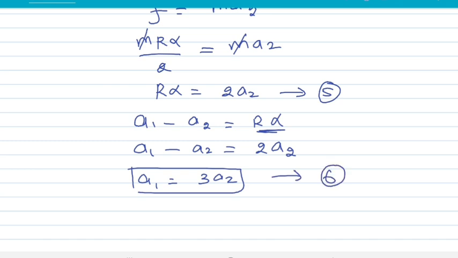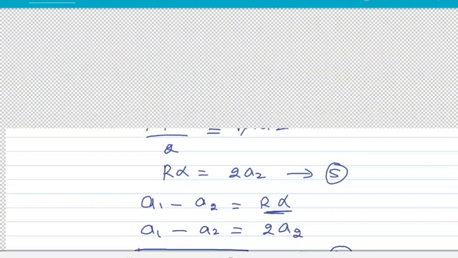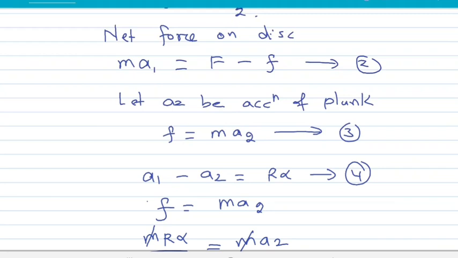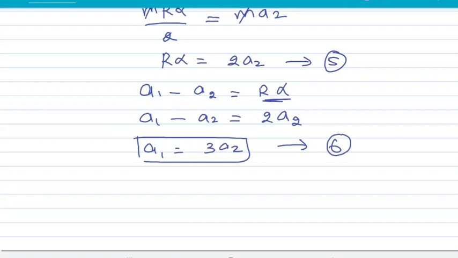Many equations are there. Next, we have to find the value of A2. From equation 2, m A1 is equal to capital F minus small f.